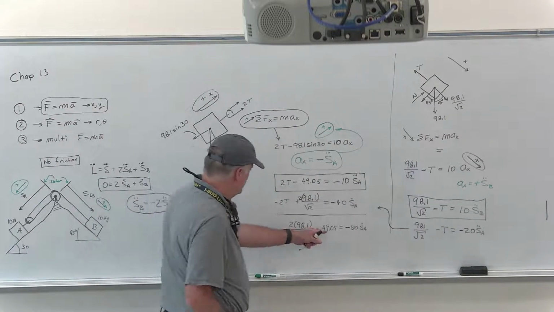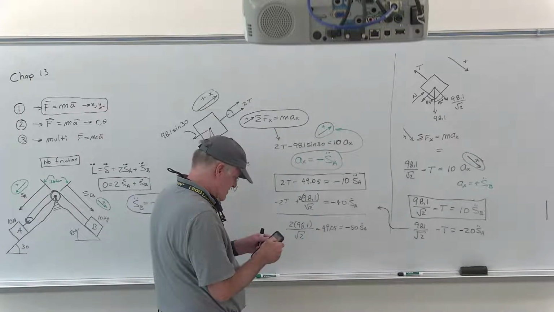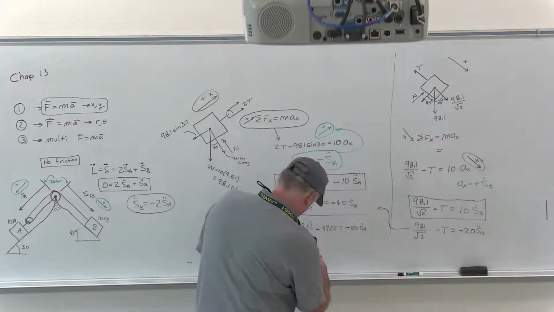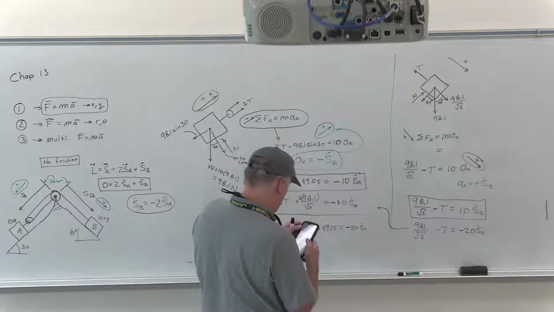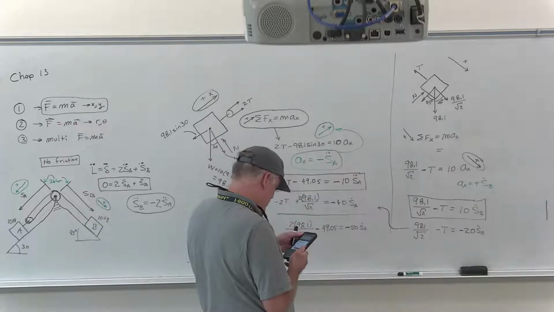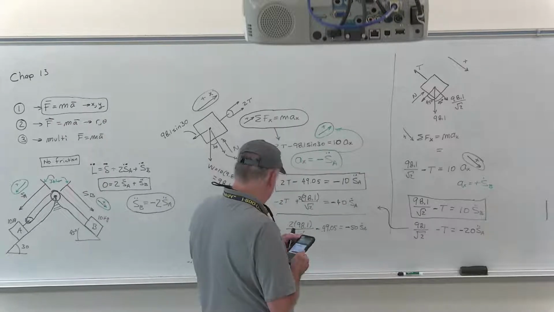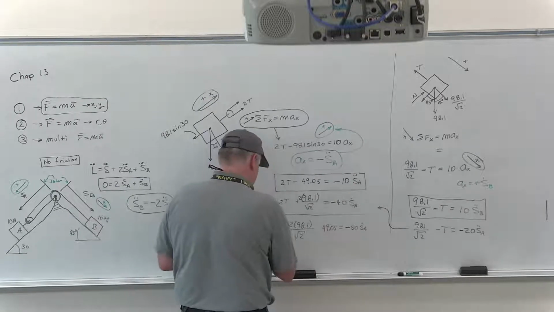Just out of curiosity, I'm going to use it to try to find this. Let me see. I think I wrote it well enough for it to, yeah, false. No, that's not equal. This is a minus.